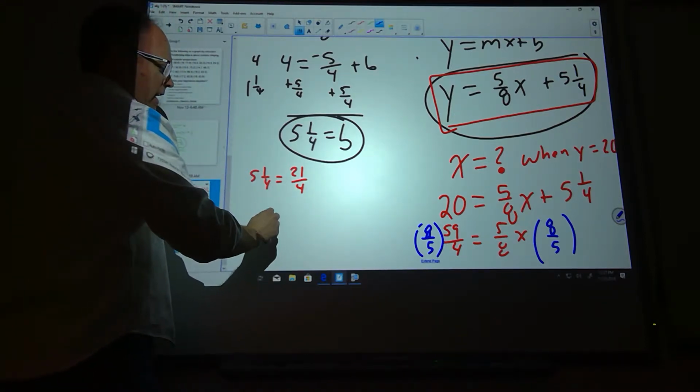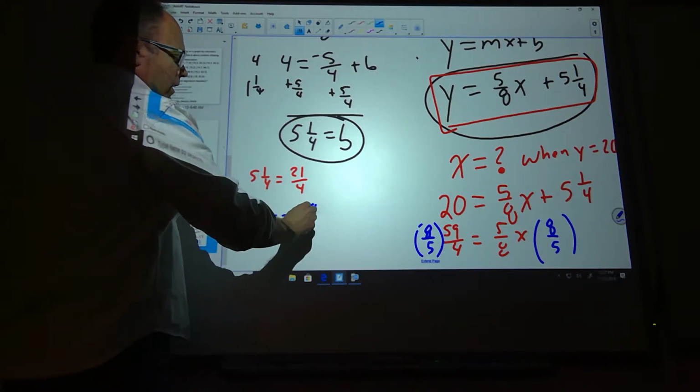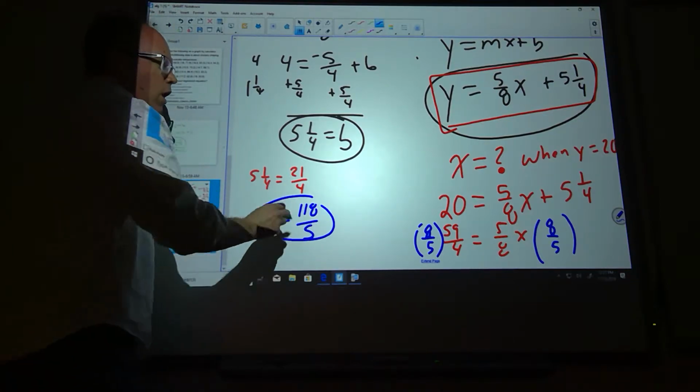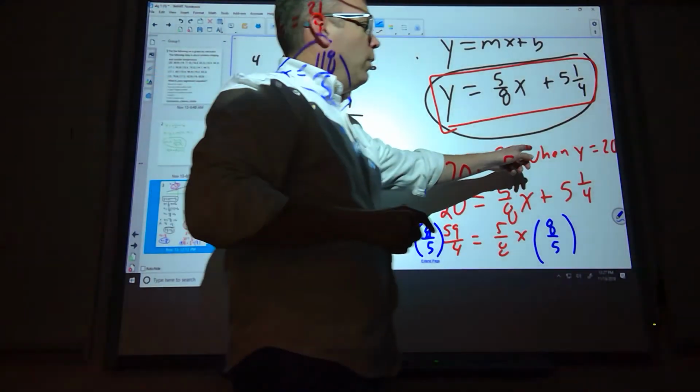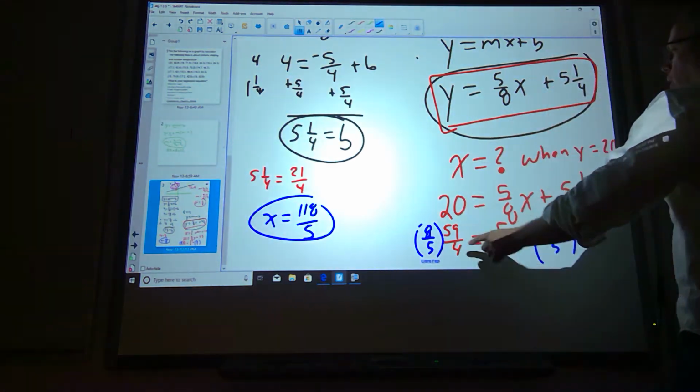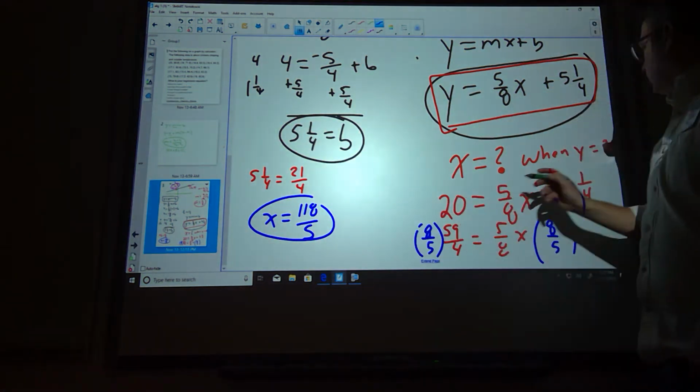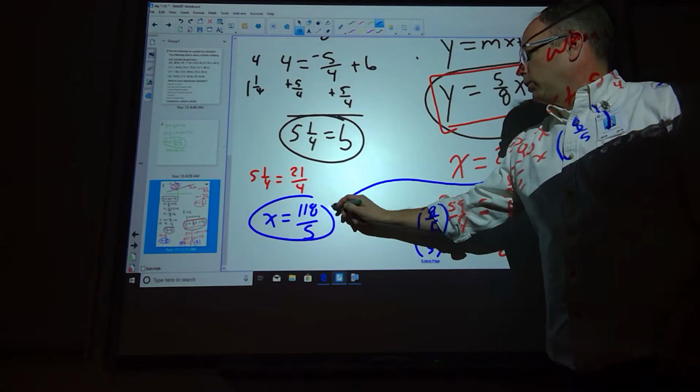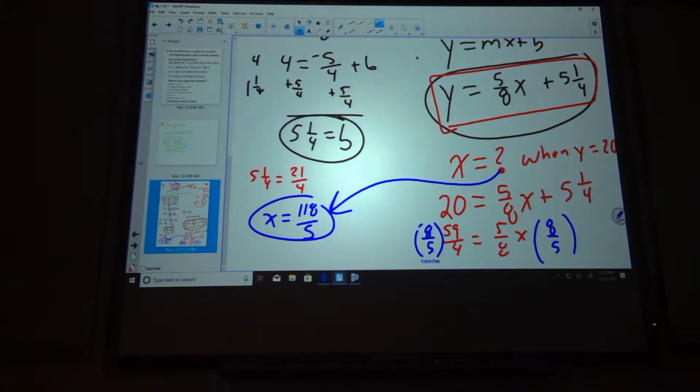118 over 5. So x equals 118 over 5. So we are answering this question: when y equals 20, we plug 20 in, so this is what x is equal to when y is 20 based on our information.